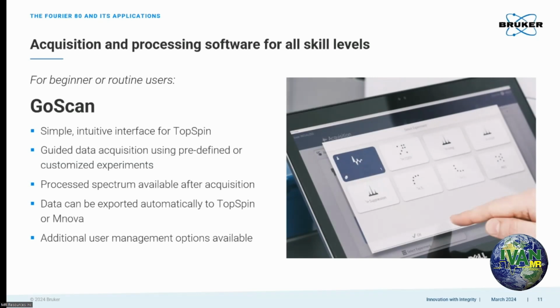After acquisition, the spectrum is available for viewing within GoScan, or can be easily exported to other software such as Topspin or MNOVA for further analysis. Additionally, it has advanced user management options to keep those pesky grad students from messing up your system, although they'll probably break it anyway.